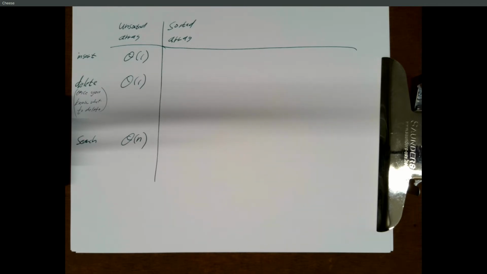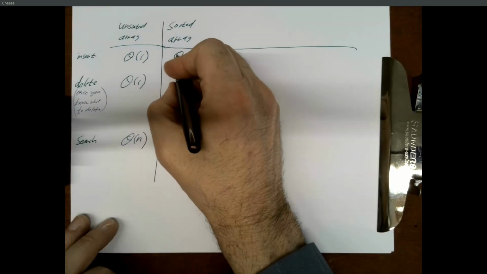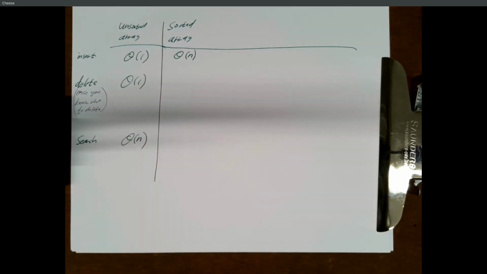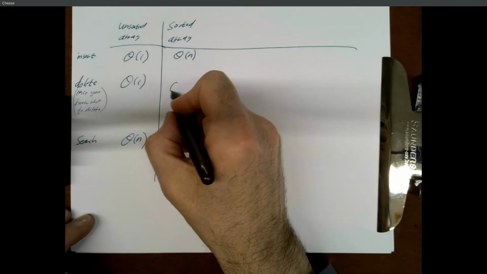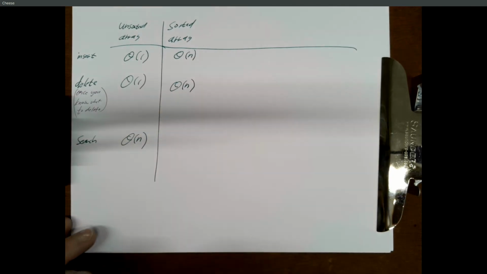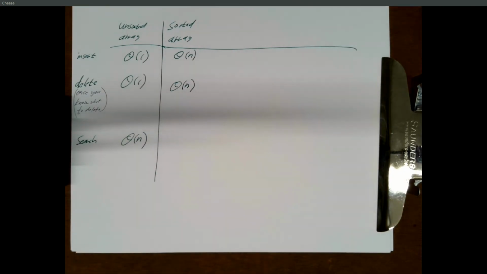If there's n things you have to move down, it takes n operations. So inserting in here goes to order n. And deleting, unless you want to have holes in your array, is also order n, because to get rid of an element in the middle, you've got to move everything up. We can't just take the last element and fill in that hole, because now our array is not sorted anymore. So insert and delete have gotten really expensive, but search is improved.